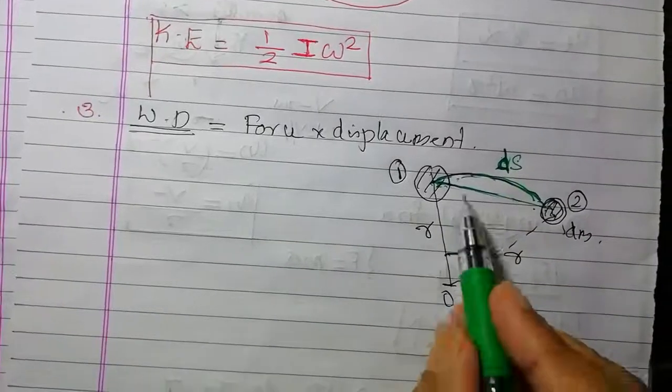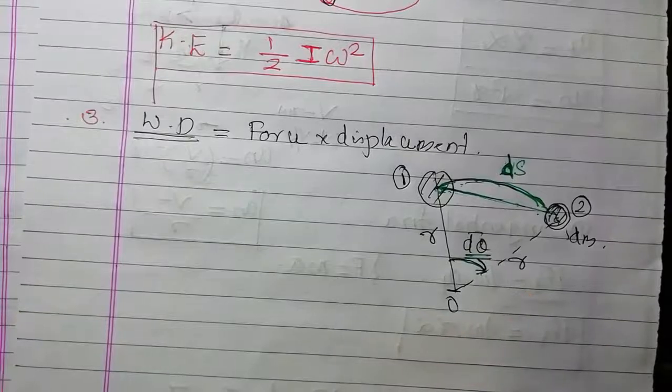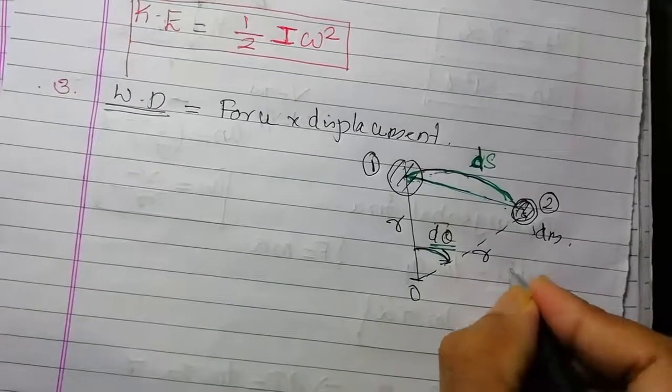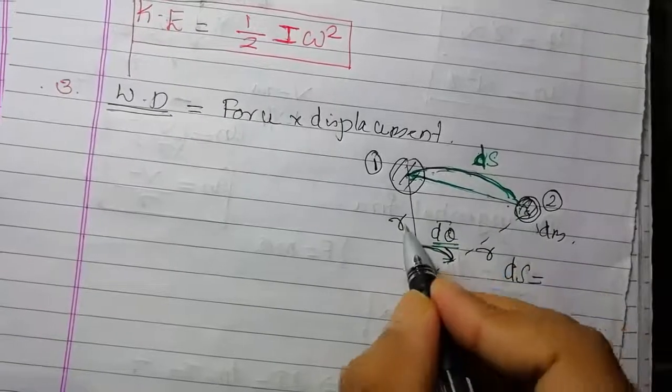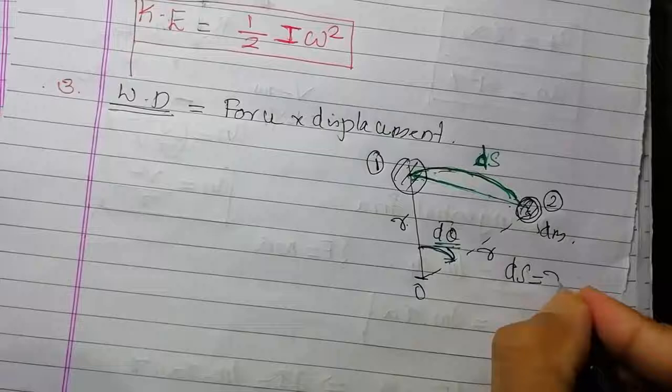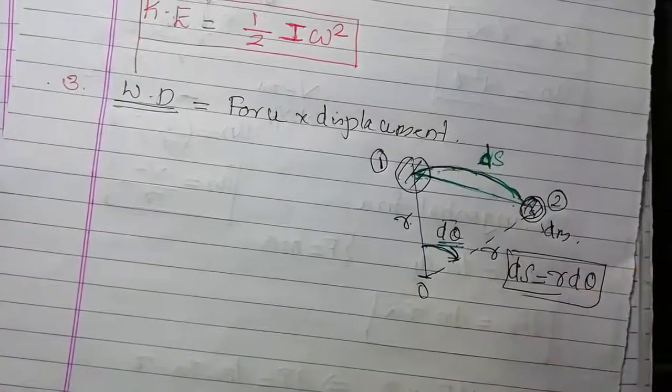Okay, ds means the distance between point 1 and 2. Okay, so what is ds? From basic mathematics, the length of arc is equal to r into corresponding angle, r into d theta. ds is equal to r into d theta.